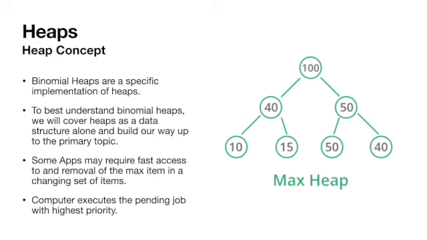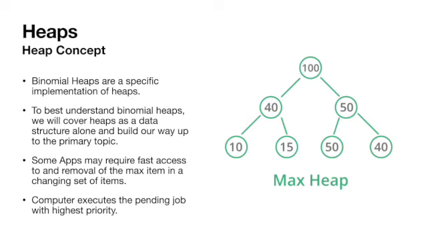Some applications may require fast access to and removal of the max item in a changing set of items, and that's when heaps become useful for us as programmers or computer scientists. An example that I'm sure we're all familiar with from class is a computer that may execute jobs one at a time in a changing set of items. For example, the computer executes the pending job having maximum priority.